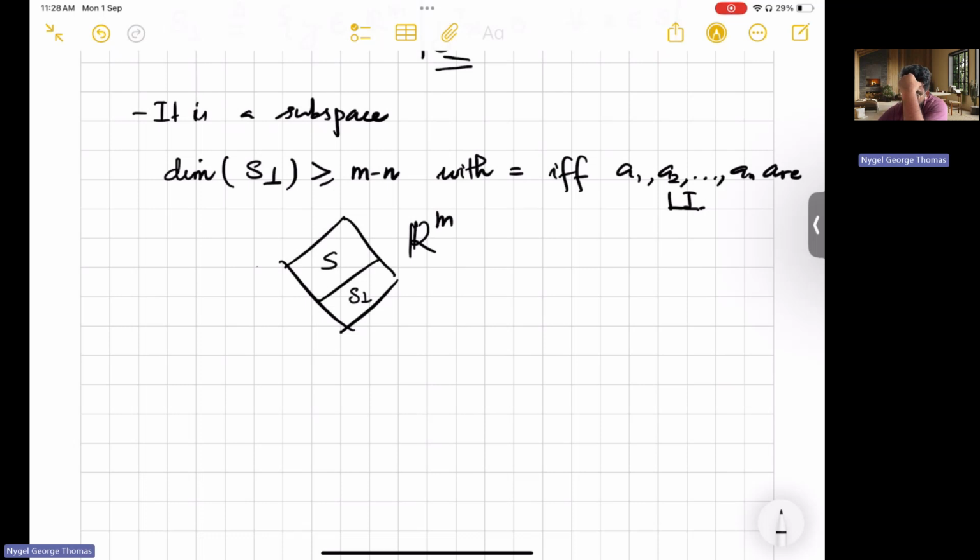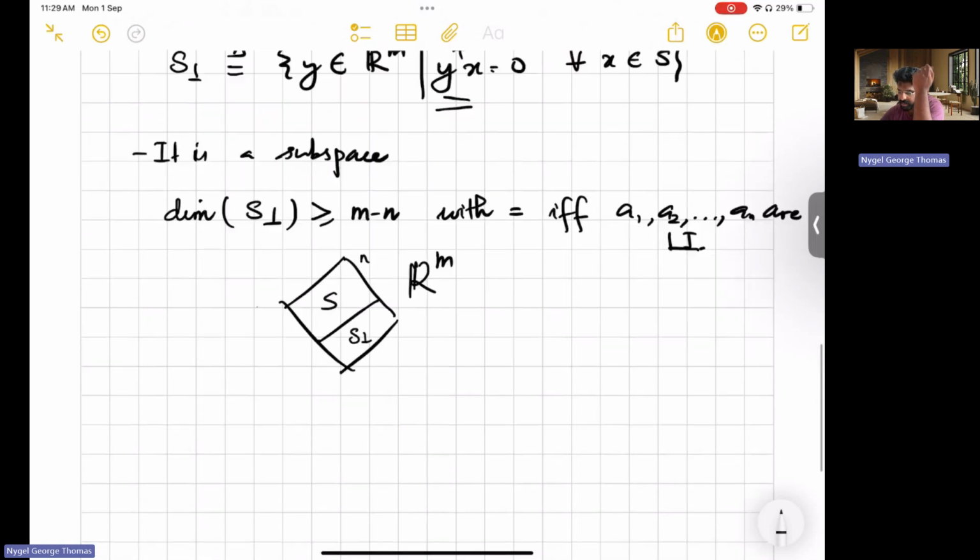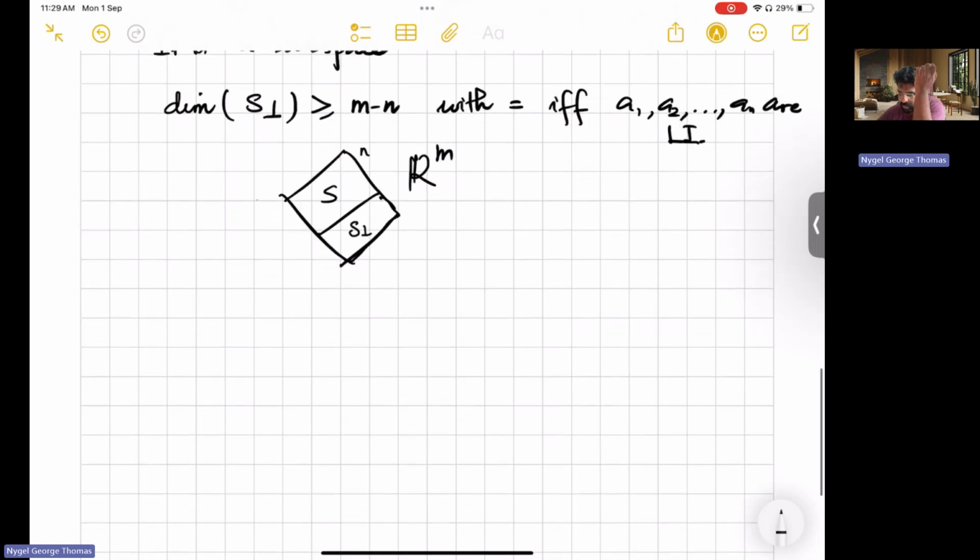These vectors which are there in S, if they are linearly independent, if they are the n vectors, they span an n-dimensional space. But n is actually less than m in our case, by this assumption. So what does the orthogonal complement space span? It spans an m minus n dimensional space. This actually holds only since it's an orthogonal complement set.